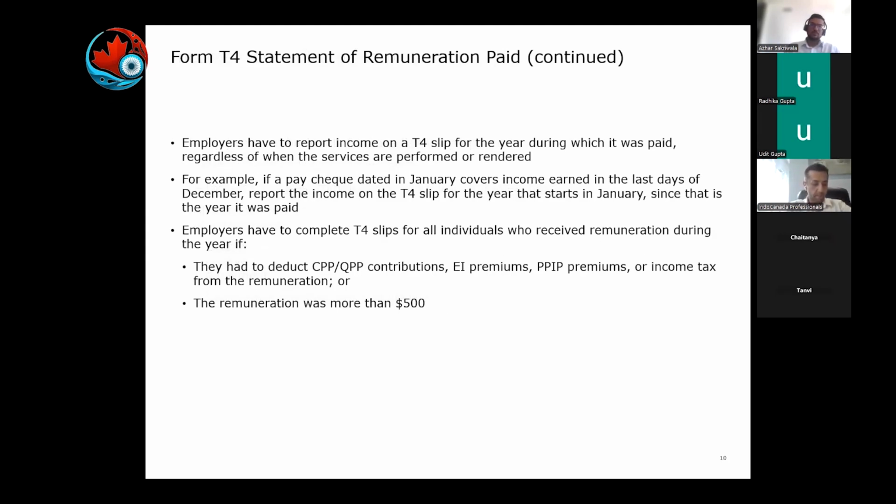Similar to India, where you used to receive a Form 16 provided by the employer, which had details of your gross salary, your tax deductions, and your TDS which is deducted, a similar form exists in Canada, and the name of the form is T4. This statement of remuneration, or T4, is issued to you by your employer after the end of the year.